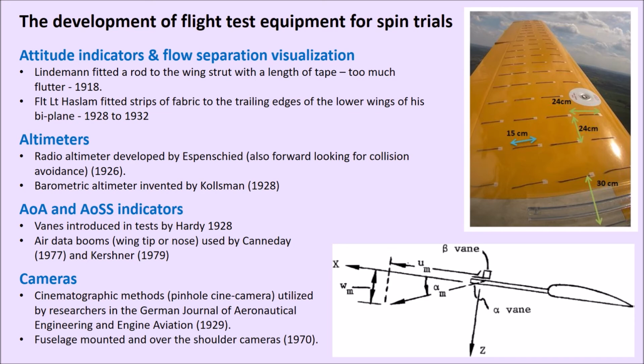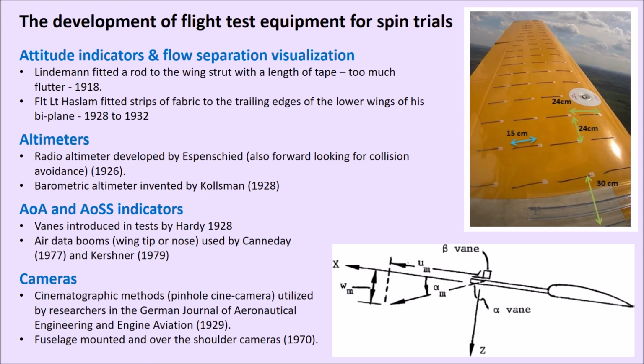Obviously the positioning of vanes are highly dependent on how good the data is from them. Even at this stage, the readings from the vanes were only regarded as an indication of angle of attack or side slip, because even at this stage it was recognized that the influence on them by the aircraft itself as the air flows over and around the aircraft, influencing the local angle of attack and side slip.